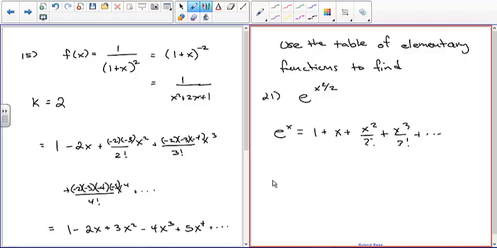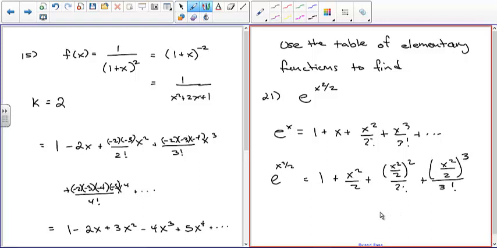So if you do e to the x squared over 2, it's just going to be 1 plus x squared over 2 plus x squared over 2 squared over 2 factorial plus x squared over 2 cubed over 3 factorial.